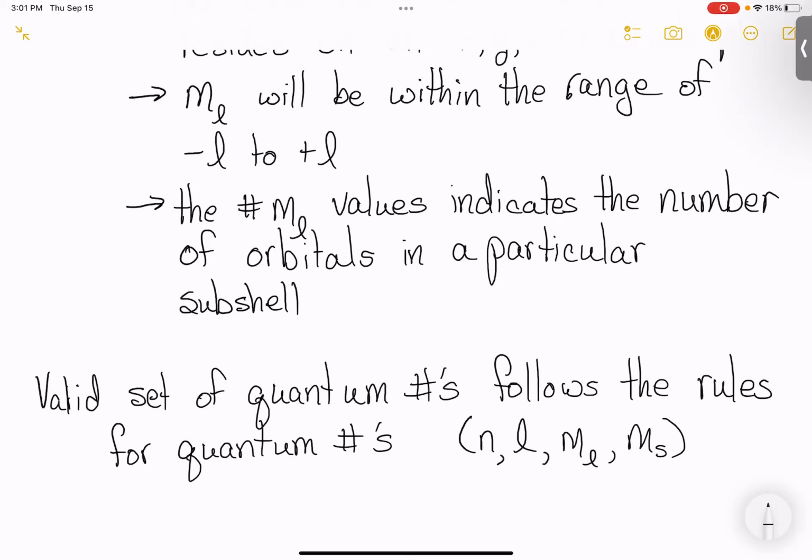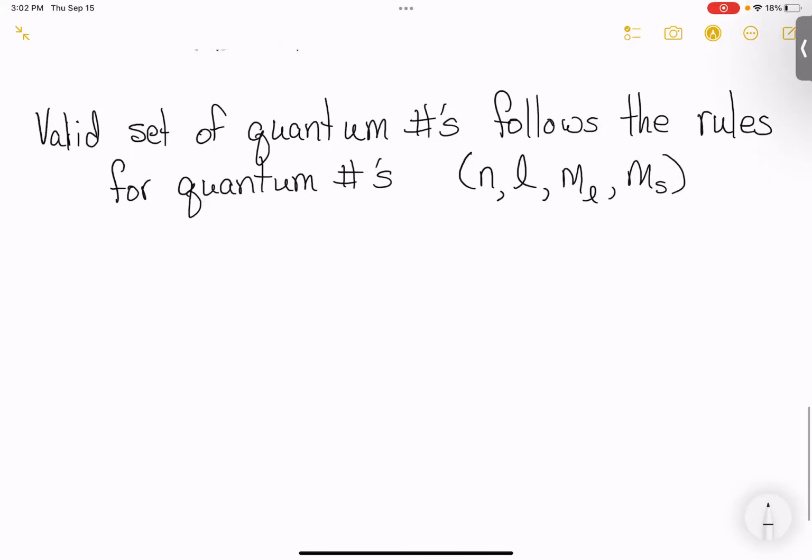Folks, using my analogy, n is the state. l is the city. m sub l is the building. So that helps, if that helps at all. It's basically an address. Okay, so let's look at what I mean by following the rules.